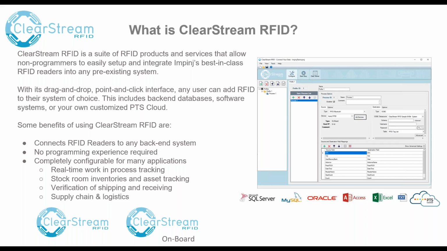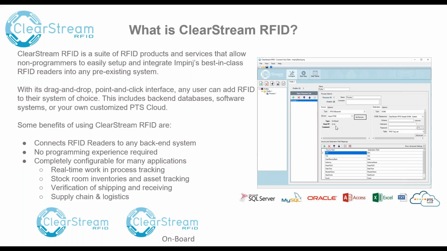So ClearStream RFID, it's really a suite of tools that allows you to quickly configure fixed RFID readers into a pre-existing system. Traditionally, it's come, as Brad mentioned, as a ClearStream server-based application that allows you to map in a graphical point-and-click way fixed RFID readers to really any type of back-end system or service.